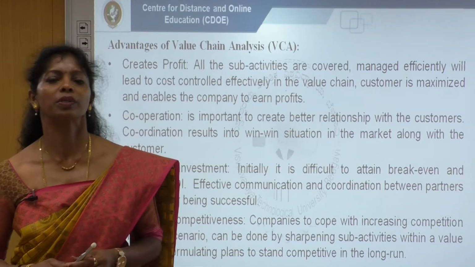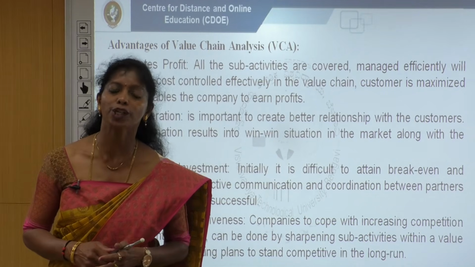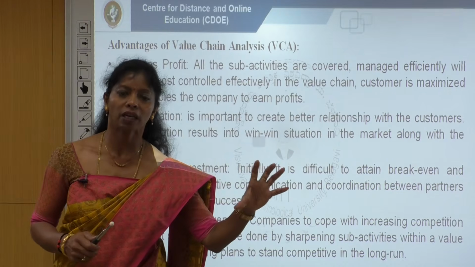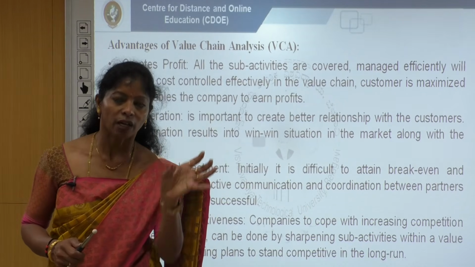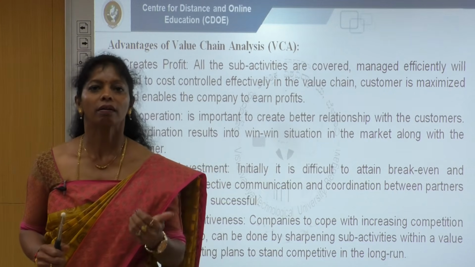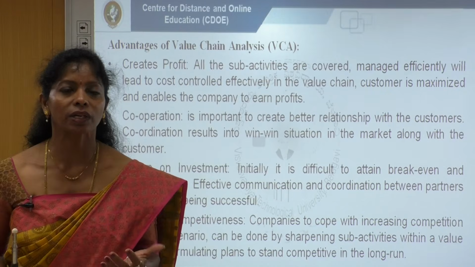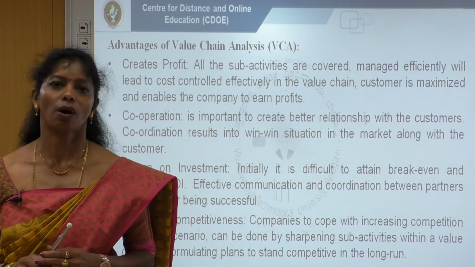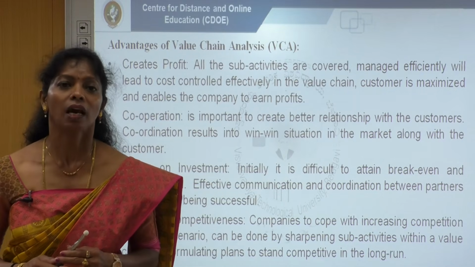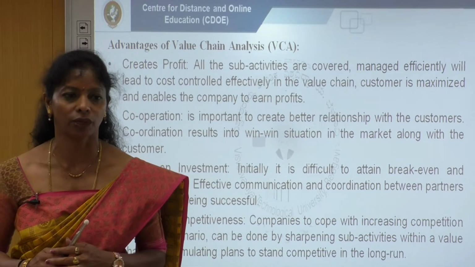So basically what happens is, when the firm is in a position to identify the key primary and supporting activities, then automatically the value of each component can be clearly known. In that process, the sub activities can also be clearly identified, and managing the activities in the organization will be done efficiently. This in turn means cost control will be effectively done.